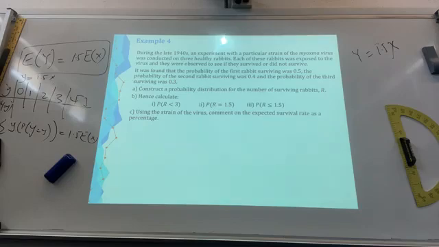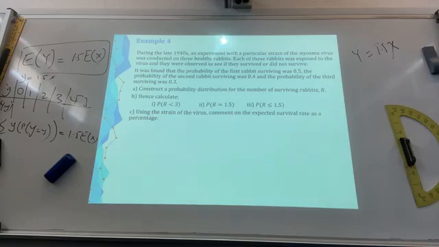The probability of the first rabbit surviving was 0.5, the second rabbit surviving was 0.4, and the third surviving was 0.3. Construct a probability distribution for the number of surviving rabbits. Hence, work out the probabilities, which don't add up. Now, using the strain of virus, comment on the expected survival rate as a percentage.